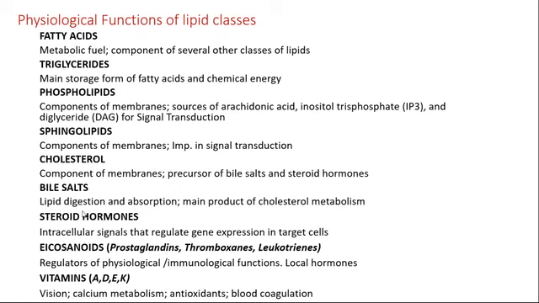Steroid hormones basically come from cholesterol, and they give intracellular signals that regulate gene expression. The eicosanoids, prostaglandins, thromboxanes, and leukotrienes, are important regulators of the immune function of the body.